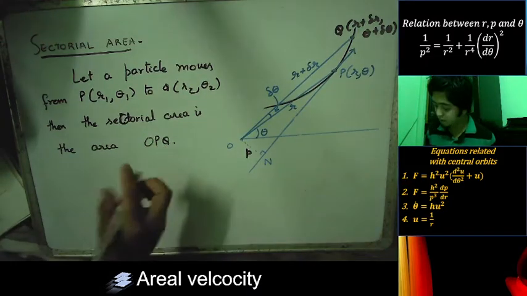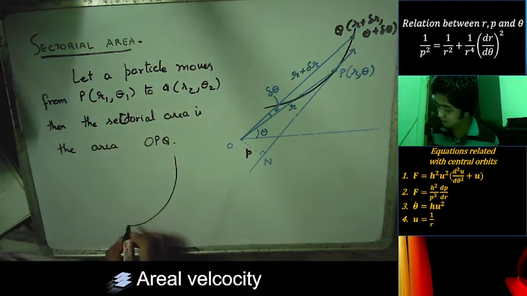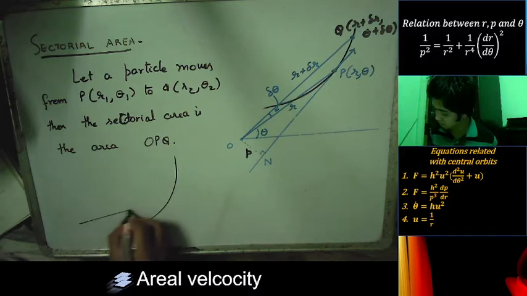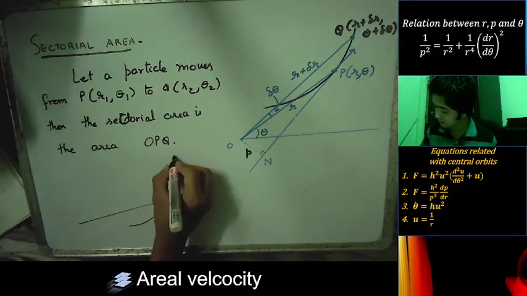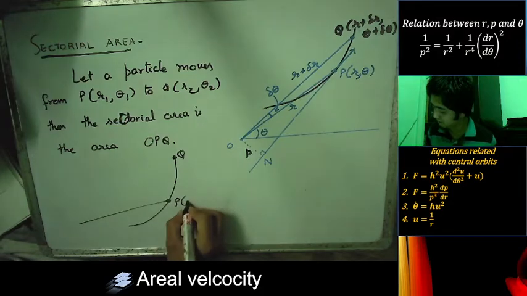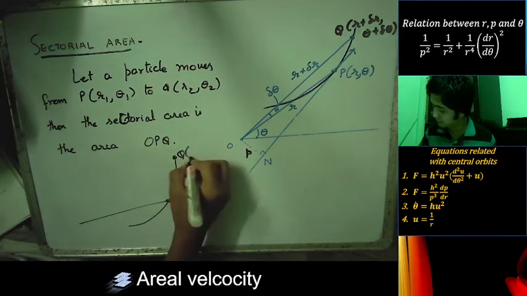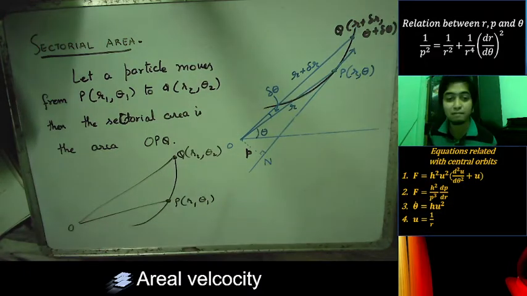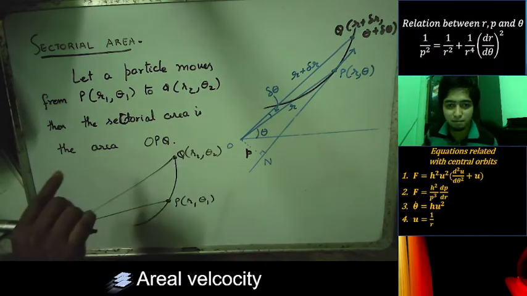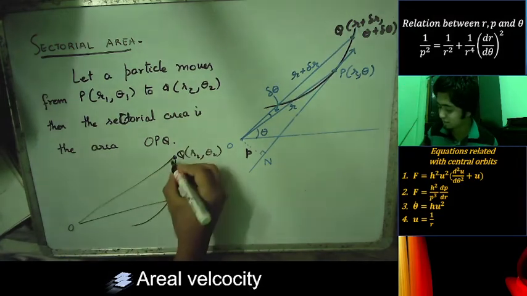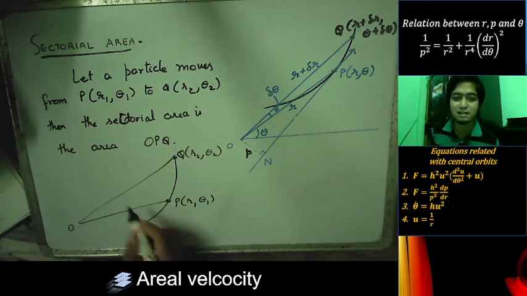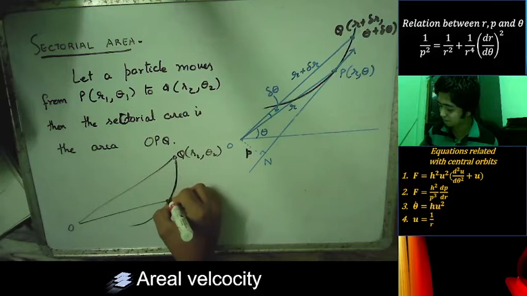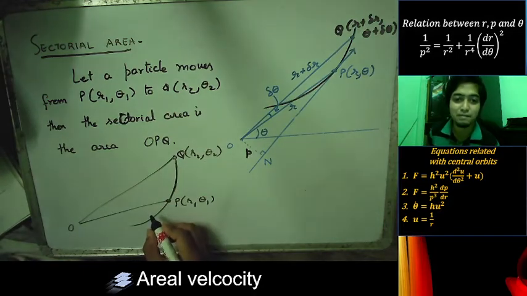Take note that it is not a triangle, because P may be somewhere here and Q may be somewhere over here, with (r1, theta 1) and (r2, theta 2). Make sure that you understand that it's not a triangle, because even though these are straight lines, it is clear that this one may not be straight.